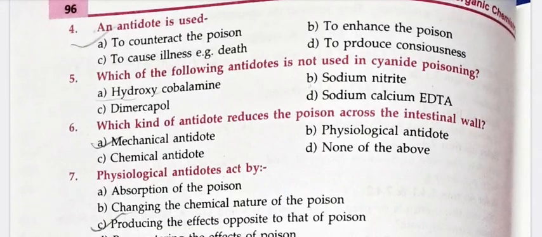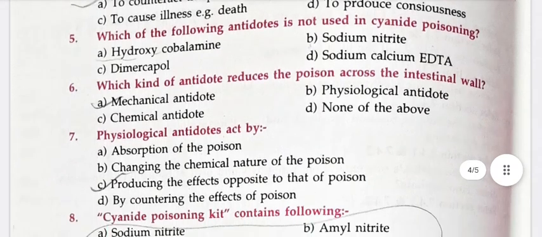Which kind of antidote reduces the poison across the intestinal wall? Mechanical antidote, that means it will go and bind to the intestinal wall, so it will prevent the binding of the poisons to the wall.